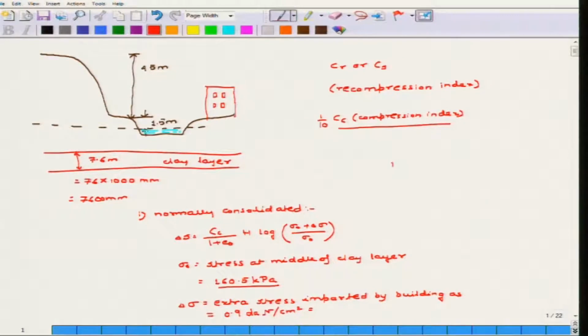We have already said in the previous lecture that 1 daN per centimeter square is equal to 100 kPa. So, this is equivalent to 90 kPa.